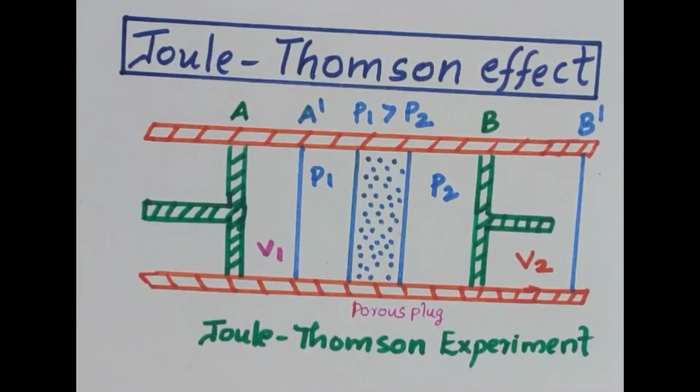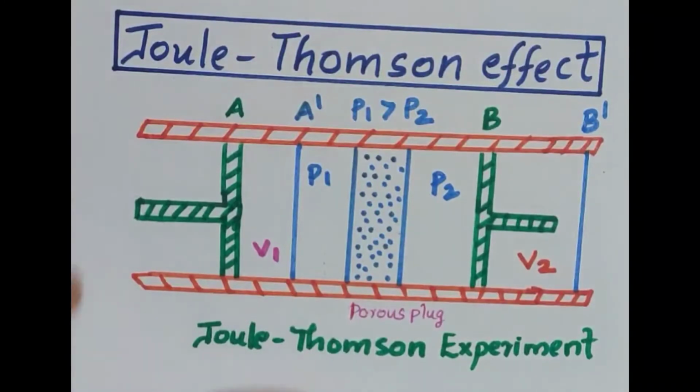That is, the change in temperature produced when a gas expands adiabatically through a small hole from a very high pressure region to a low pressure region. This effect is called the Joule-Thomson effect. Got it? In the next video, I am explaining the Joule-Thomson experiment and the remaining part.